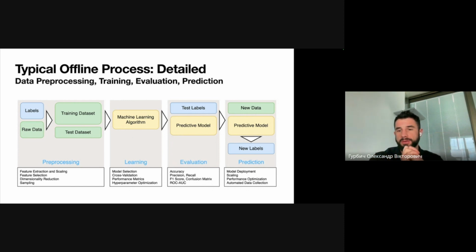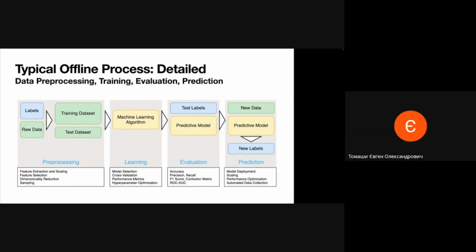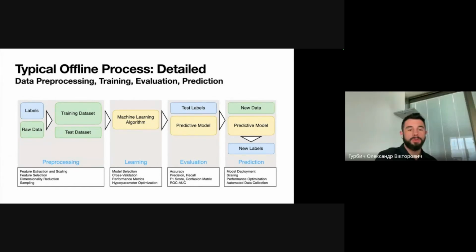Who knows what K-fold cross-validation is? It's when we separate our data into K folds and, like, choose 80% as a train and another 20% as a test, and we are just switching like a window. And why do we do it?